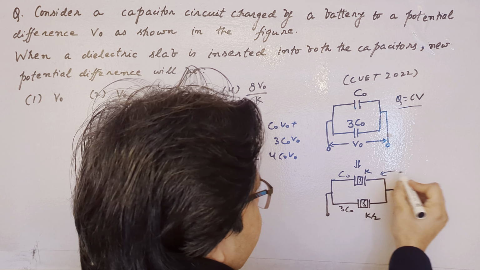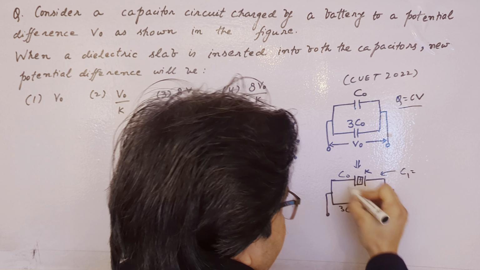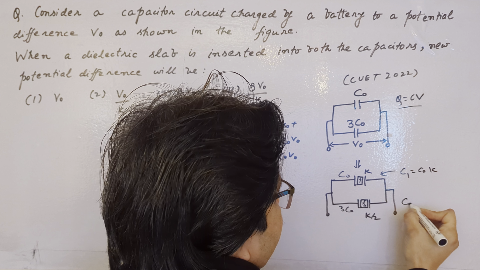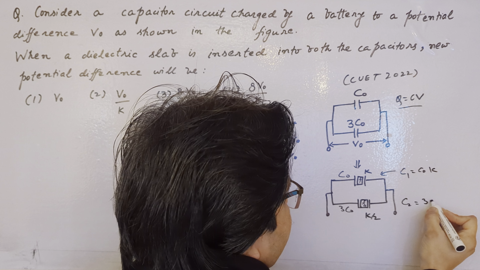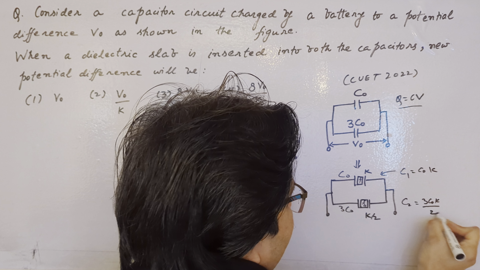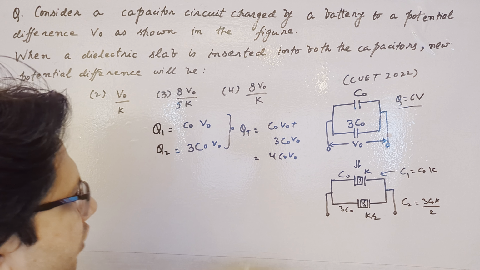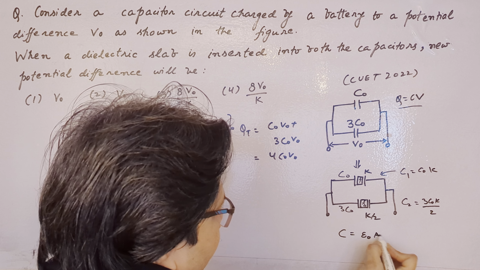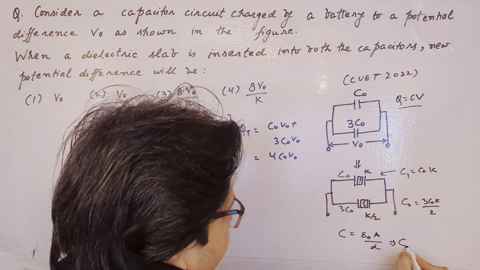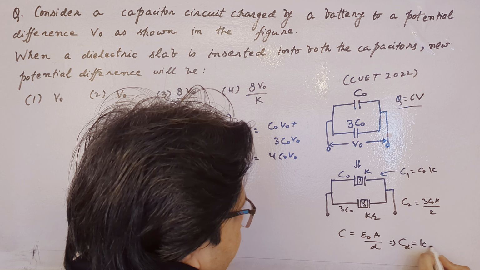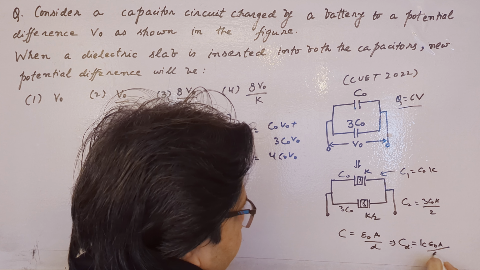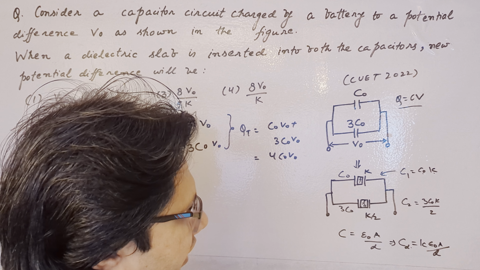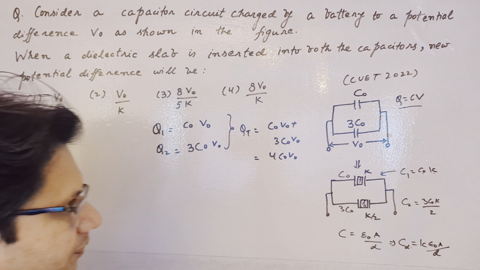So the new capacitance of the first capacitor becomes C naught times K, and the capacitance of the second capacitor becomes 3 C naught K by 2, because we know that the formula of the capacitance without the dielectric is C equals epsilon naught A upon D, whereas for the dielectric case, the capacitance is K epsilon naught A upon D. So a K is multiplied here, because of this dielectric. So these are the new capacitances.